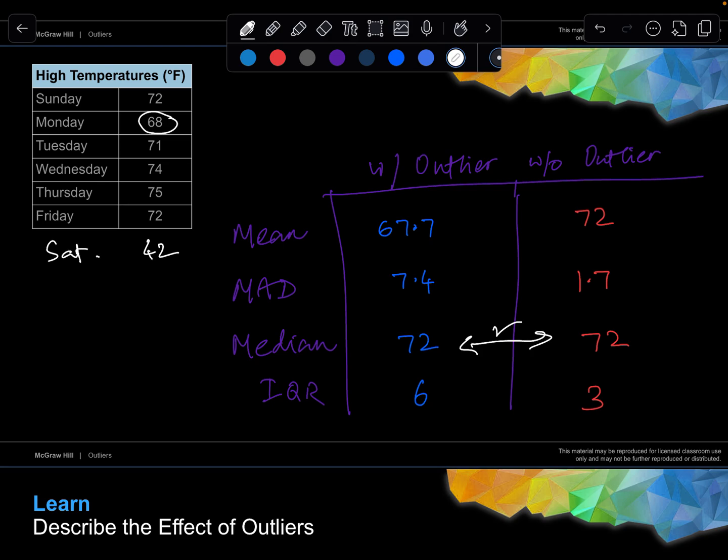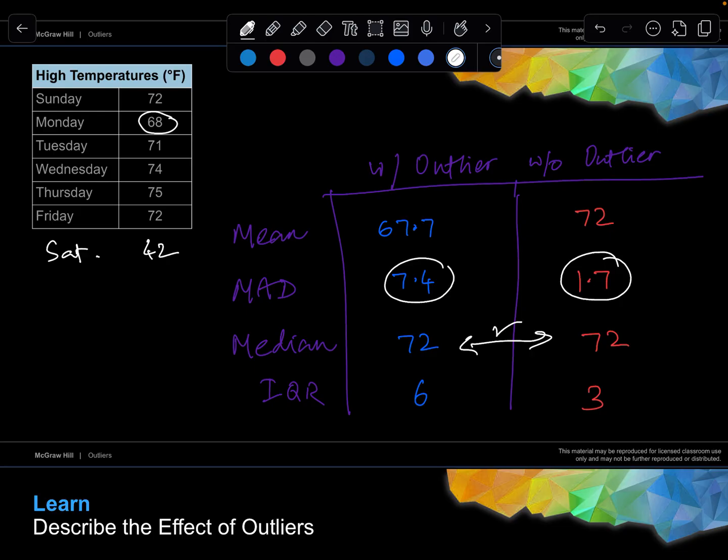Without the outlier, your mean seems to be a truer representation of the data set because your values are clustered around it. You have a couple values less than 72, a couple equal to, and a couple higher than 72. Your mean absolute deviation here is 1.7, which tells you that your data is more clustered around the mean.